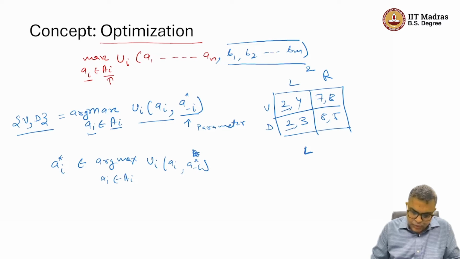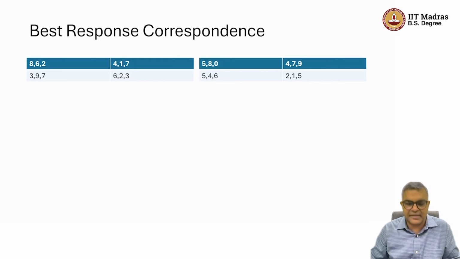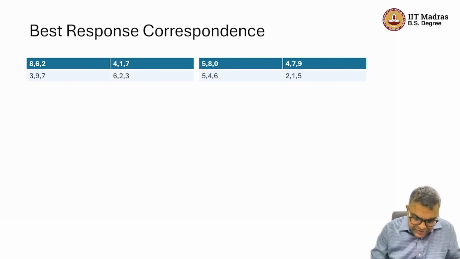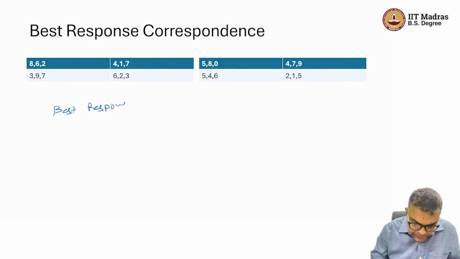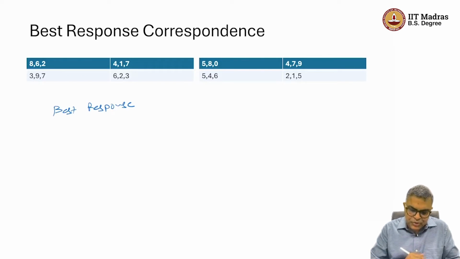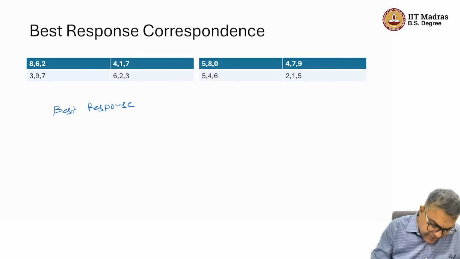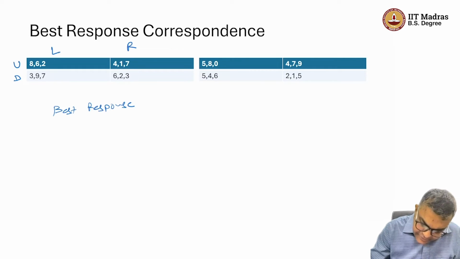Okay. So from here we can talk about the same thing in a slightly different manner. We are talking about best responses. What do we mean by best response? Let us take this example. It is a 3-player game, with up, down, left, right. This is also up, down, left, right, and this is table 1, table 2.